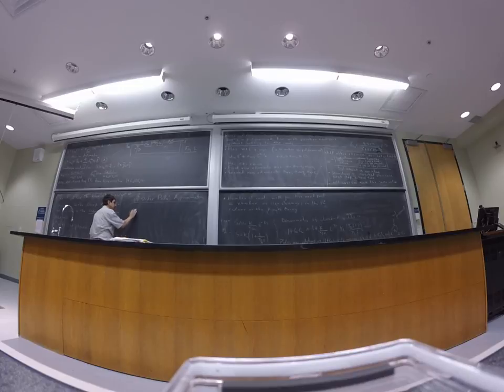We can write e to the minus ds as the ratio e to the minus d divided by 2 s over e to the plus d divided by 2 s. That's not an approximation, that's exact.